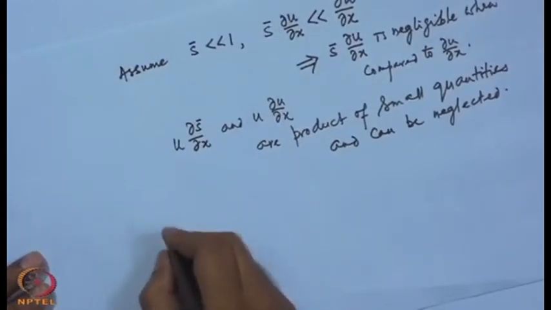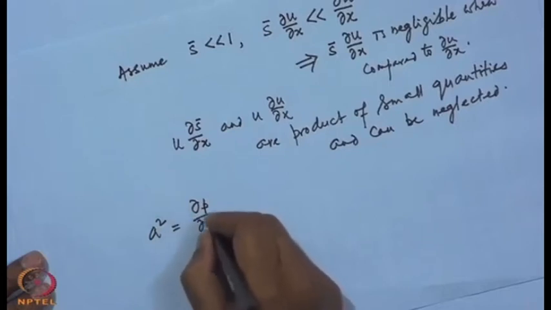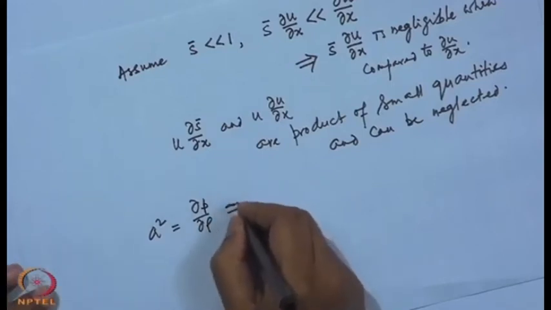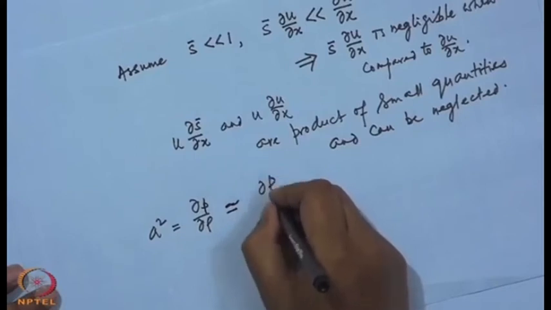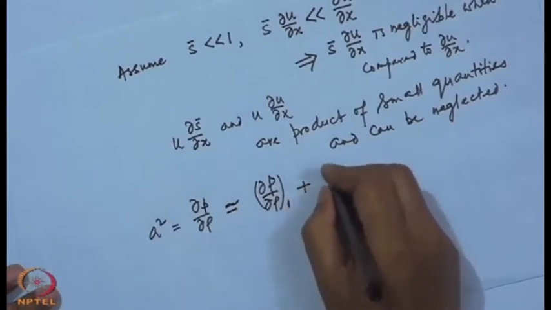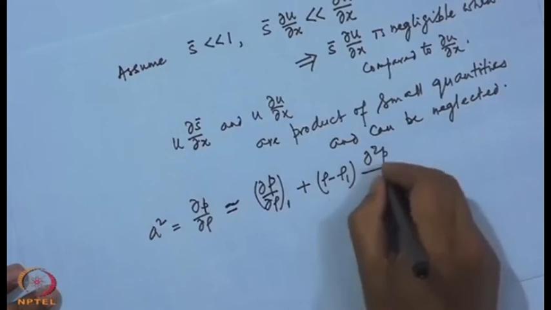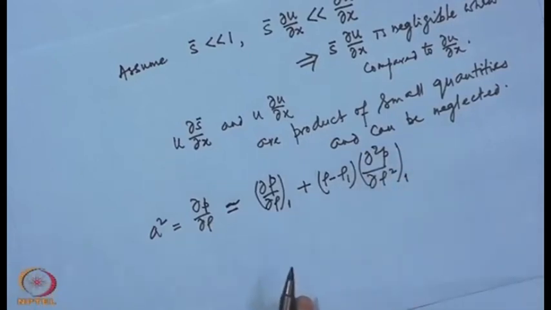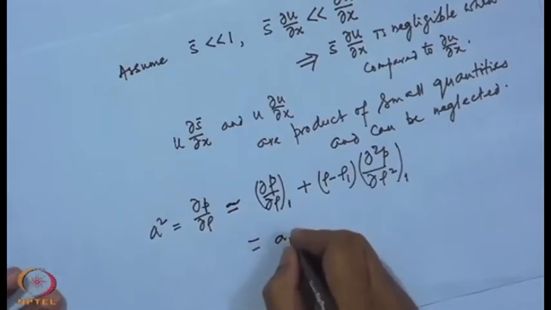Now, the local speed of sound a square, which is dp d rho, can be expanded in a Taylor series about the mean state, that is the undisturbed state in this case, which is dp d rho at 1 plus rho minus rho 1, a Taylor series expansion about the undisturbed state.